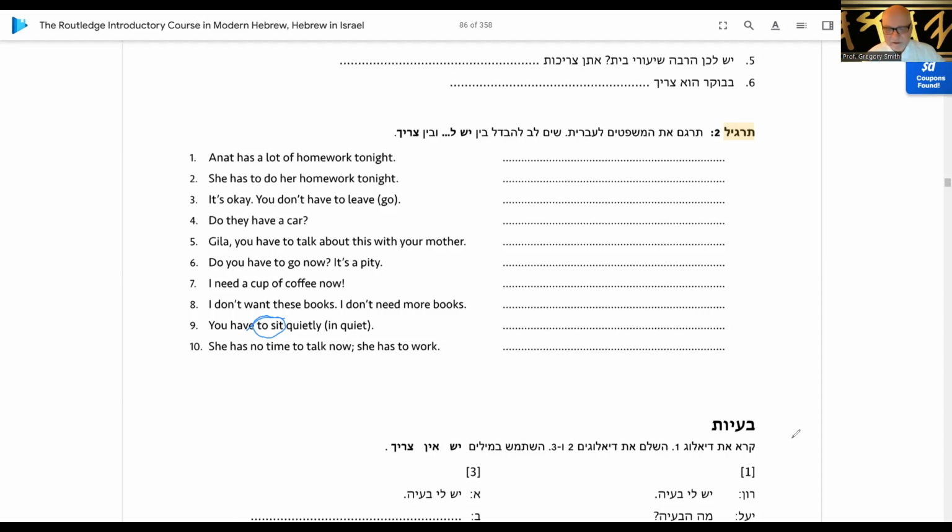Okay, let's try this. If I get it wrong, I get it wrong. Ata. Okay, atazarik, you need, and then this is literally saying you need sit too quiet. That can't be right. So it's got to be lashevet.